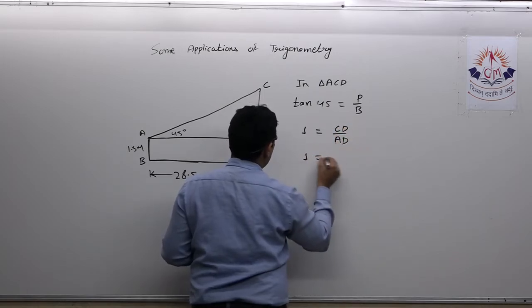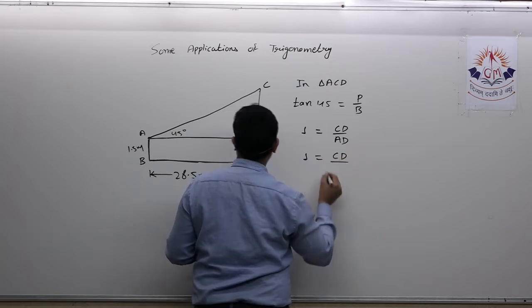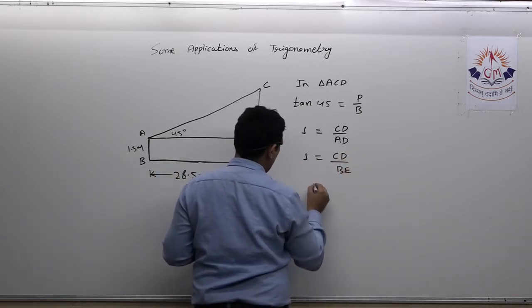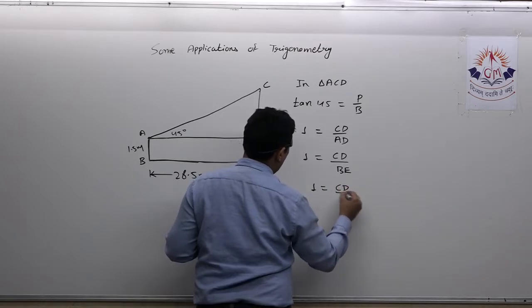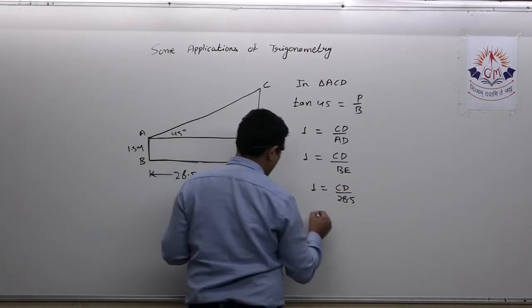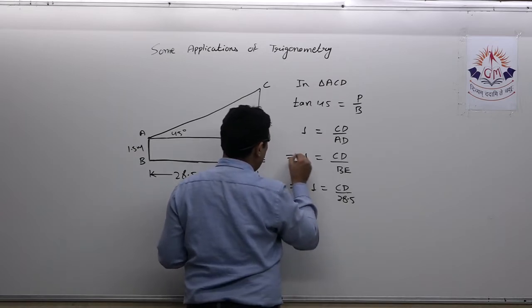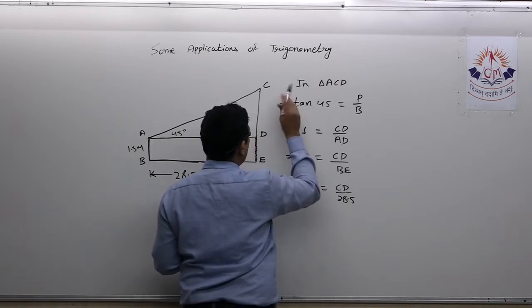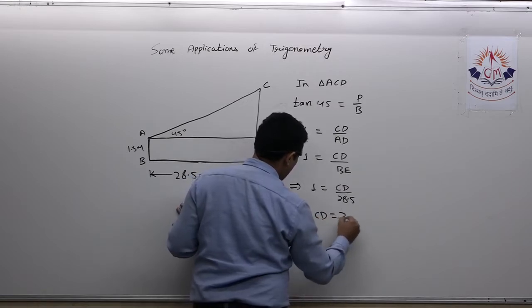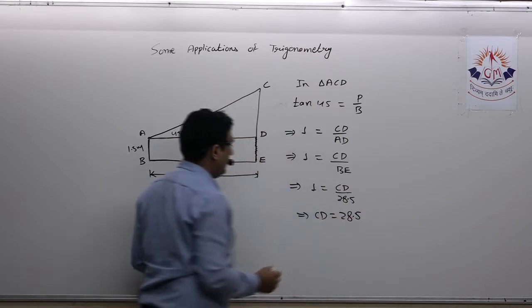So 1 is equal to CD upon AD. Now AD is equal to BE. Therefore 1 is equal to CD upon 28.5, because BE is 28.5. Therefore, I can say CD is equal to 28.5. So we got the length CD.